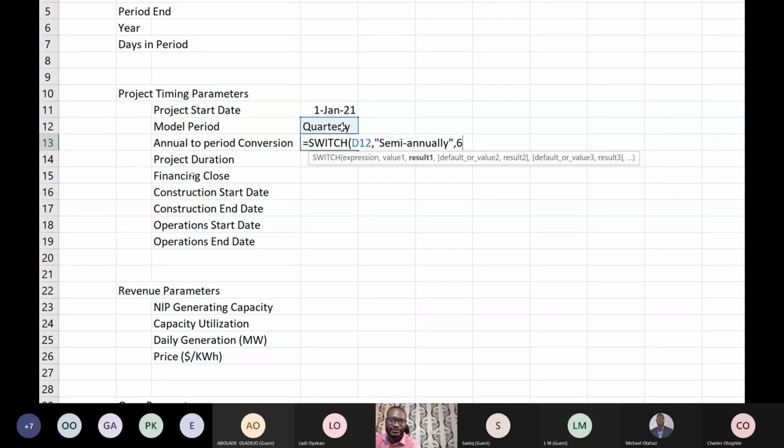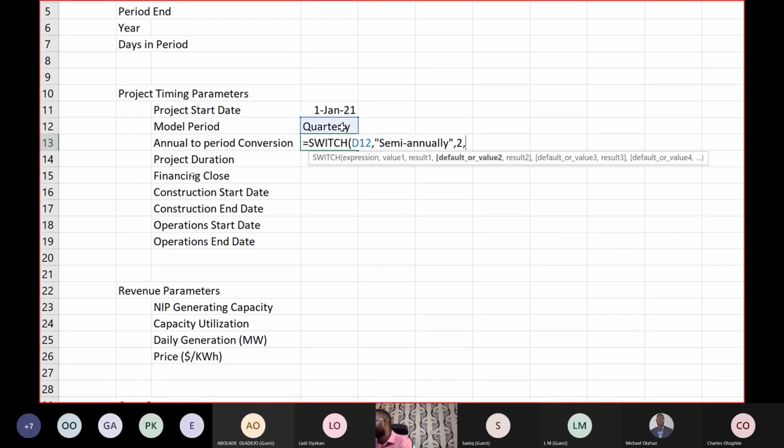Or what's the best way to capture it? Well, we can always change anyway. No, that will be 2, since I said conversion to annual, so that will be 2. And then for quarterly, we're going to divide how many quarters in a year, so that's going to be 4.